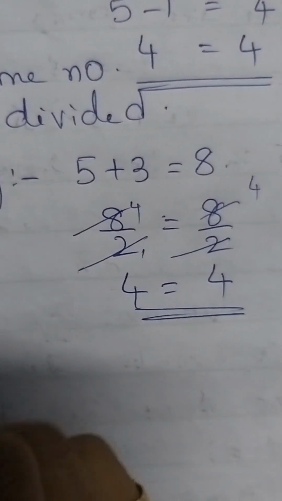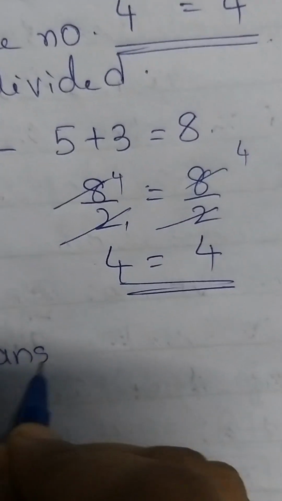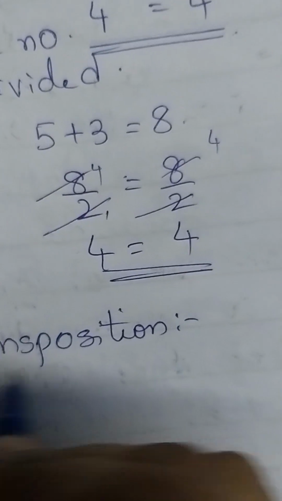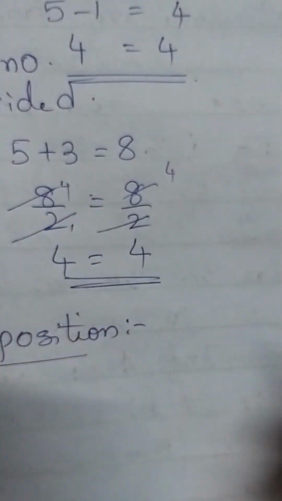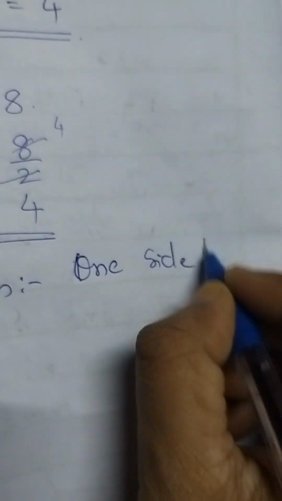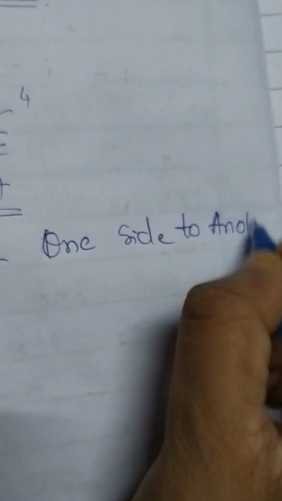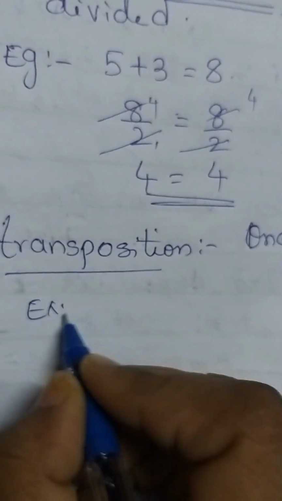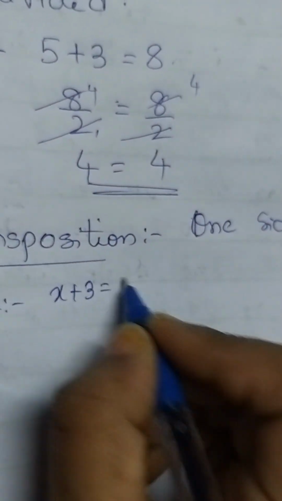The fourth principle is transposition, children. Transposition means we have to change a value from the left hand side to the right hand side, from one side to another side. For example, see here, x plus 3 is equal to 5.